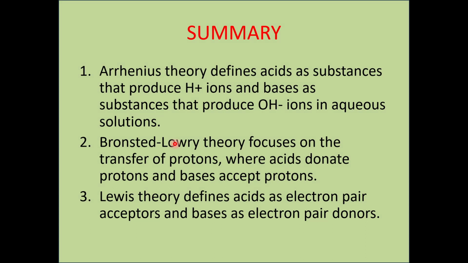So we'll go for a summary now. What is Arrhenius theory of acids and bases? Now we will summarize again. An acid is a substance that produces hydrogen ions. According to Arrhenius theory, when you put a substance in water, if it produces hydrogen ions, it is an acid.